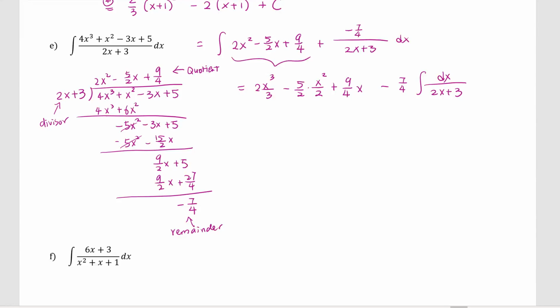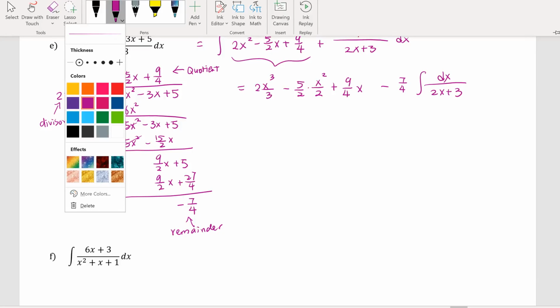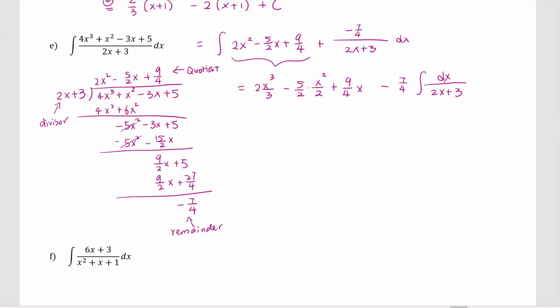And then, what do we do next? Okay, so here, this guy, we're gonna do the chain rule. U-substitution. Chain rule is for derivative. U-substitution is for integral. Okay, so let's calculate what this is. Okay, we let u be 2x plus 3, and then du is 2 dx.